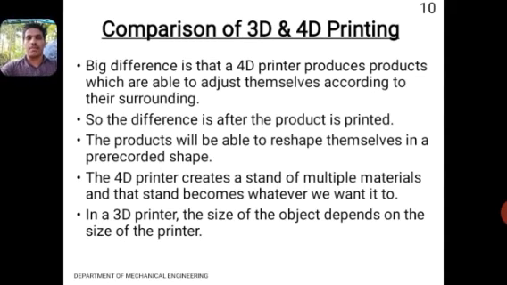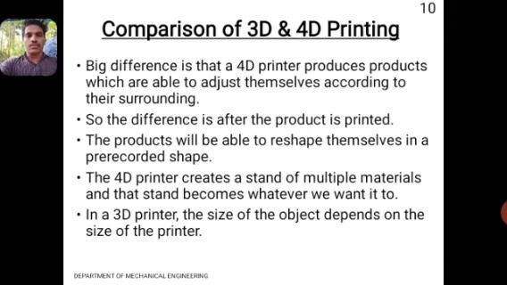In case 3D printer produces products which are not able to adjust themselves according to their surroundings. It will be able to reshape themselves in a pre-recorded shape. The 4D printer creates a stand of multiple materials and that stand become whatever we want it to.